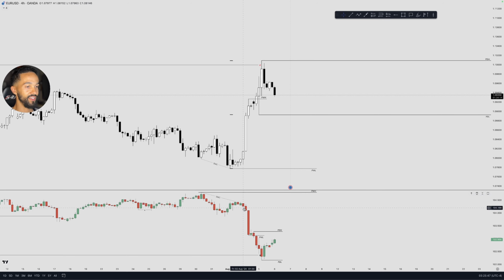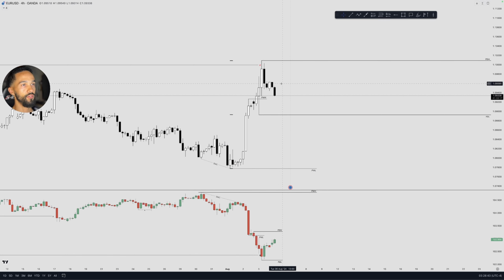On our inverse DXY, exact same, sell side liquidity, price is pulling back towards this imbalance here within a premium. So the 4 hour looks very obvious: premium, discount, POI to draw price, POI to draw price, coming back from buy side liquidity and sell side liquidity.